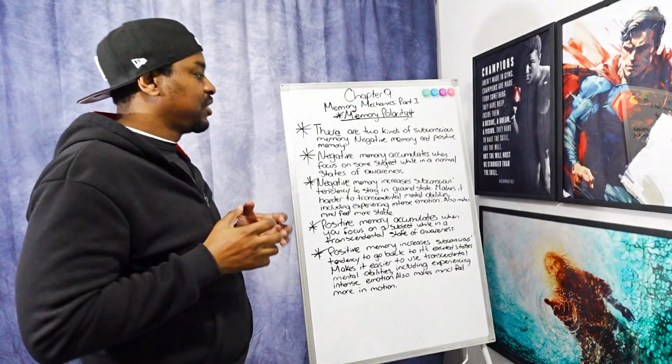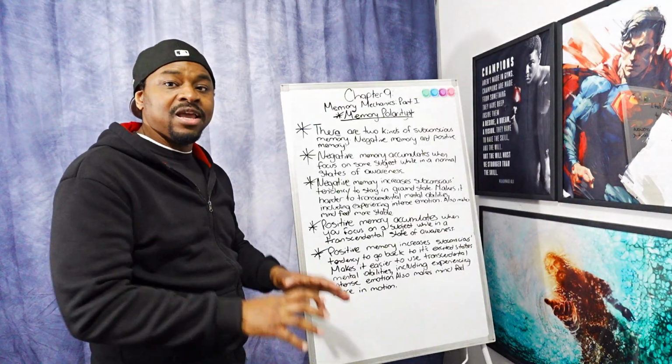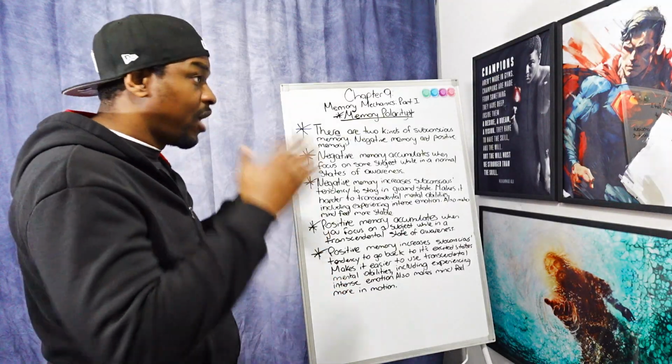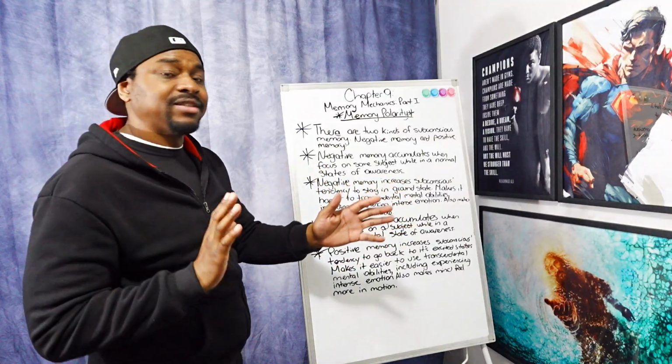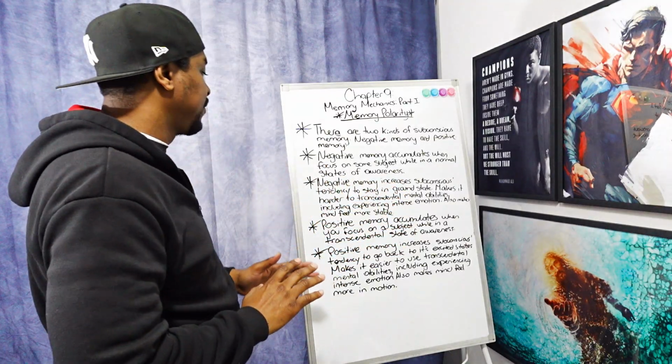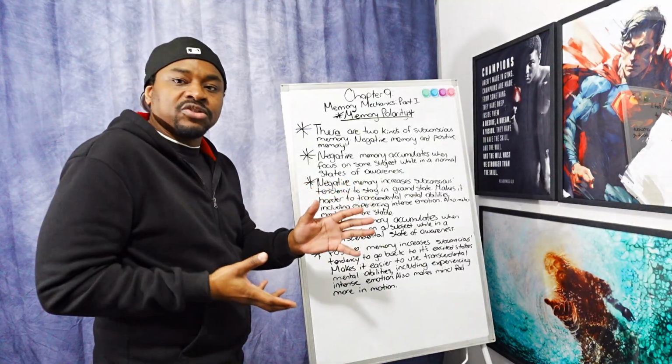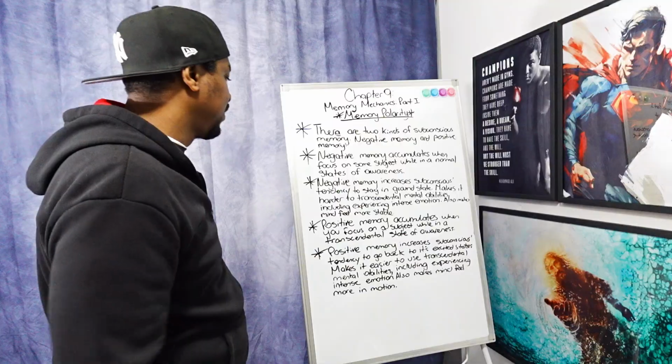Because your subconscious is trying to go back to its ground state, that's going to have a huge effect on how your subconscious functions while you're focused on that subject, since the memory is trying to stimulate your subconscious to go back to its ground state.